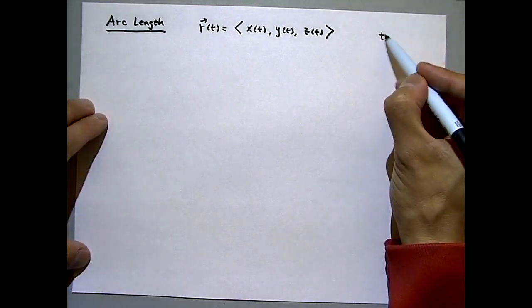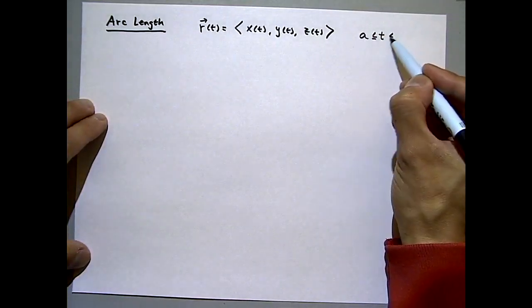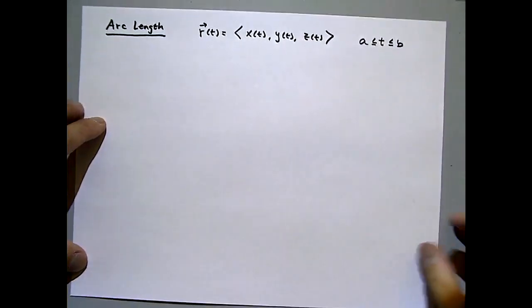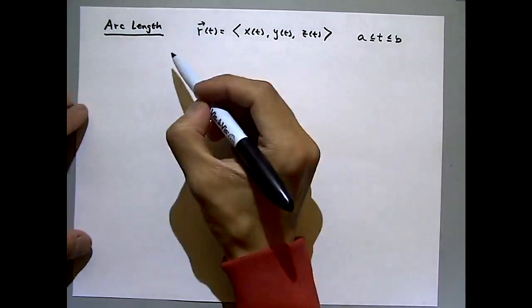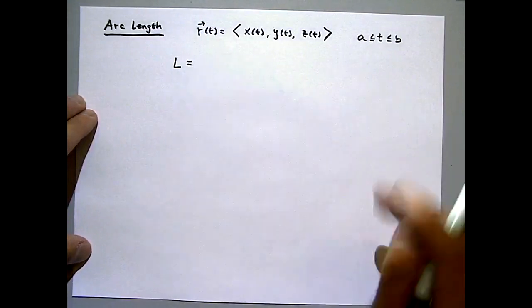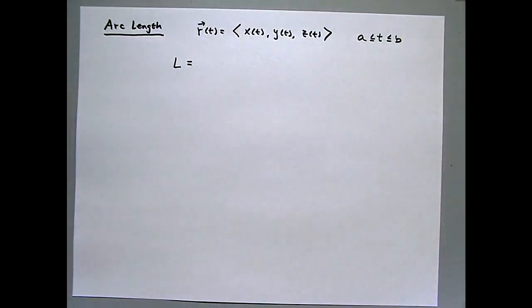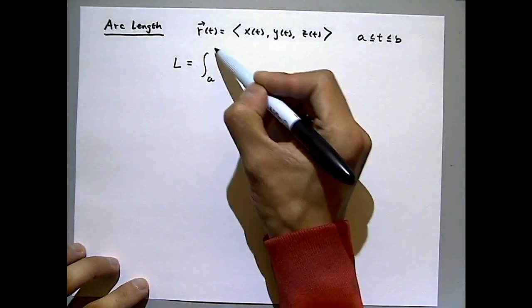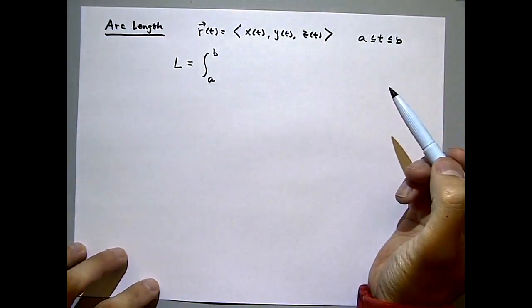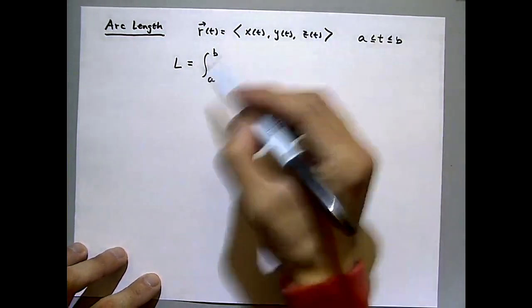And let's say t is going between a and b. All right, so now you need to know the formula. What's the formula? Perfect.